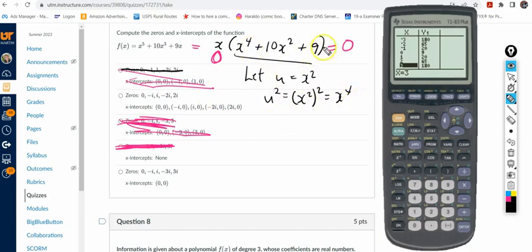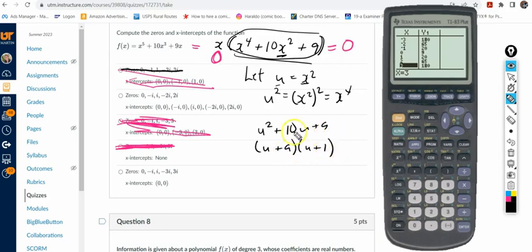So we can rewrite this as u squared plus 10 times u plus 9. And that will factor, because 9 times 1 is 9, and 9 plus 1 is 10. And so we've got, now get it back to x.